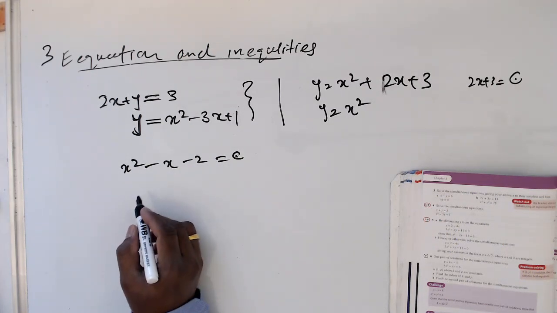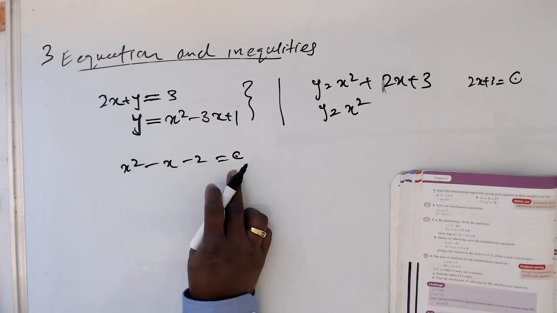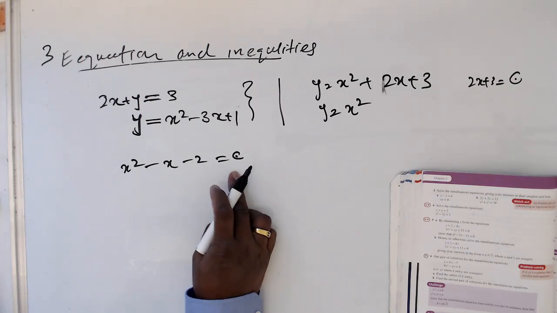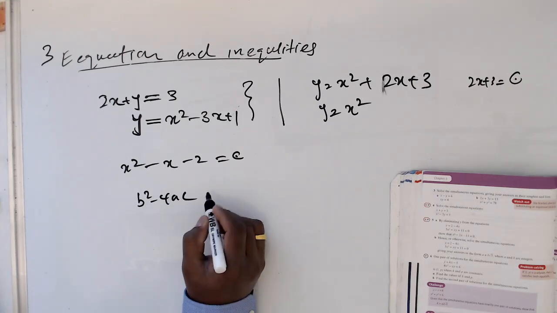So shall we check whether this equation has two solutions. We can check the b squared minus 4ac value.